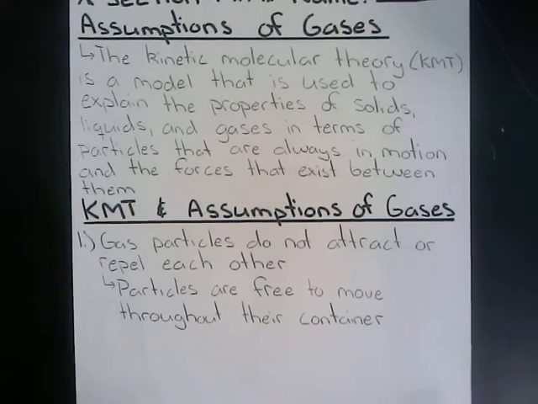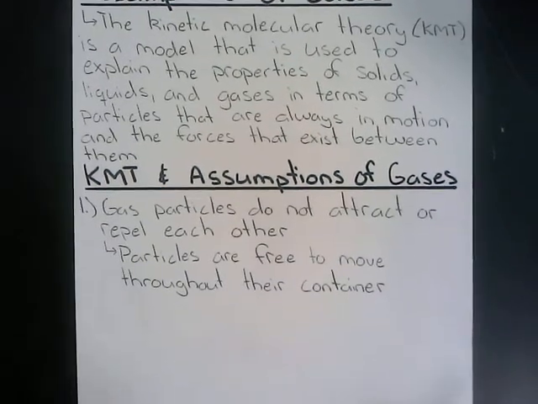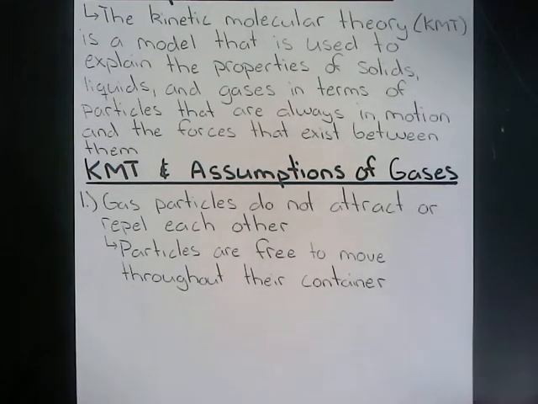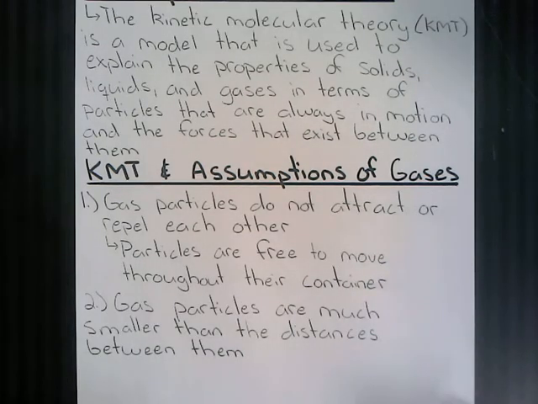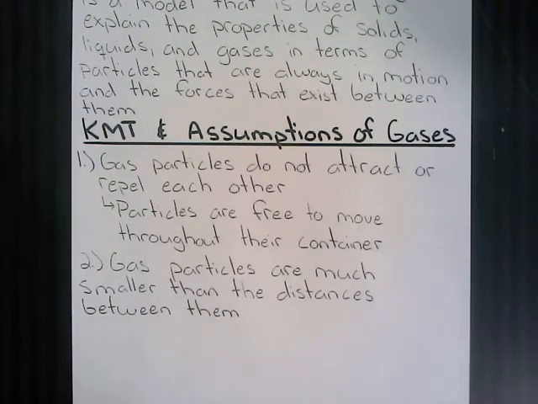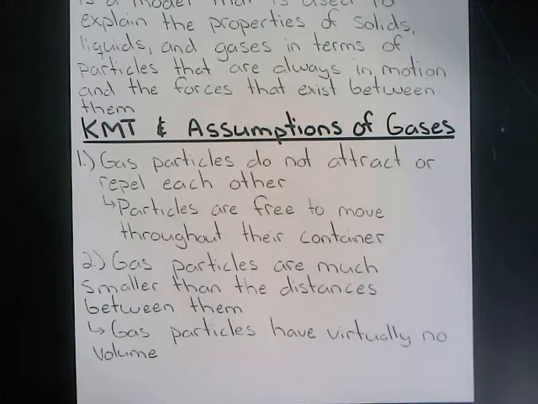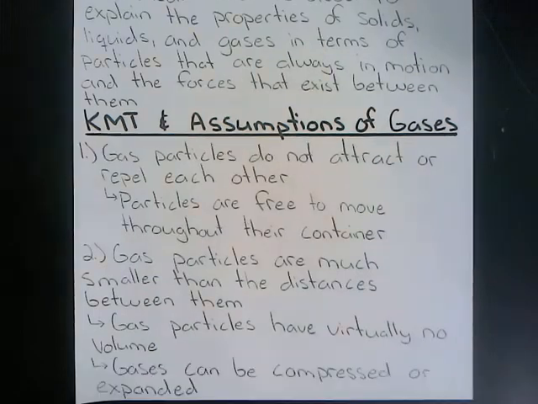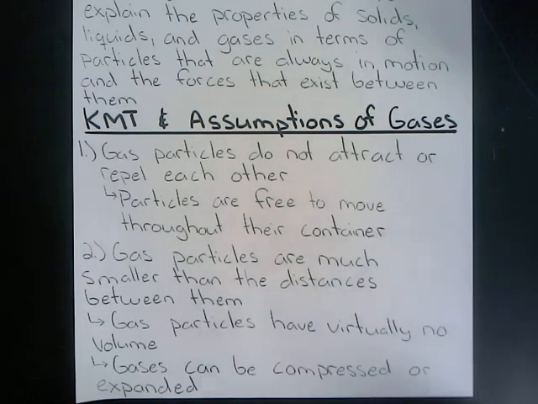Now, our second assumption here with gases is that gas particles are much smaller than the distances between them. And so what this assumption does is that it assumes gases have virtually no volume, and it allows gases to be compressed or expanded. Okay, so these are 2 of our 5 assumptions about gases through the kinetic molecular theory. We'll turn the page here and continue writing these assumptions.